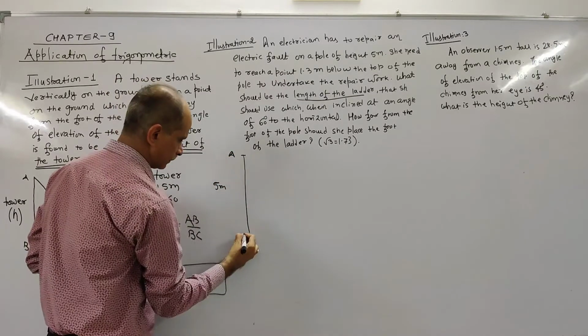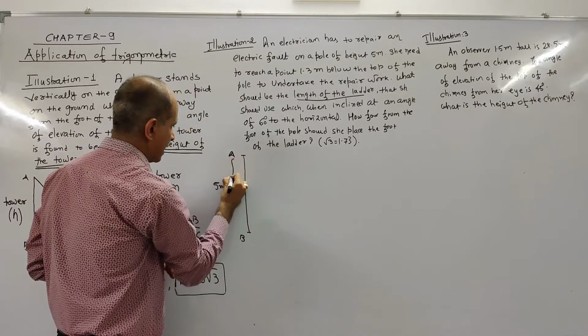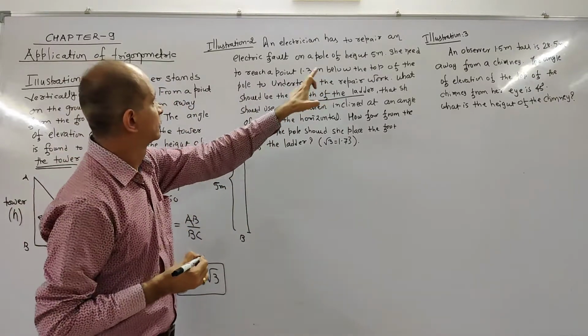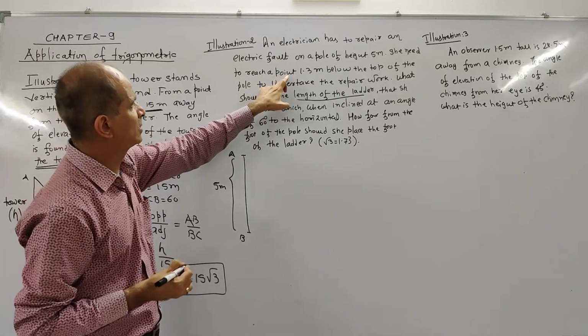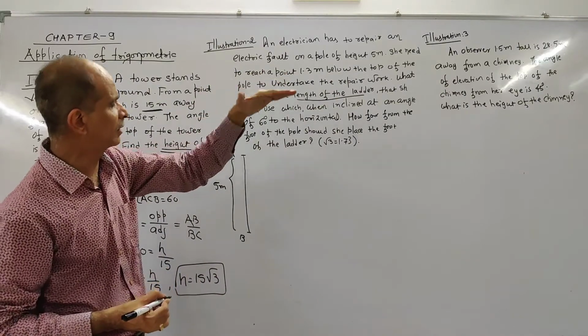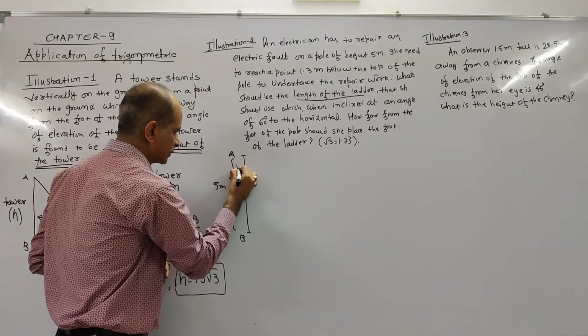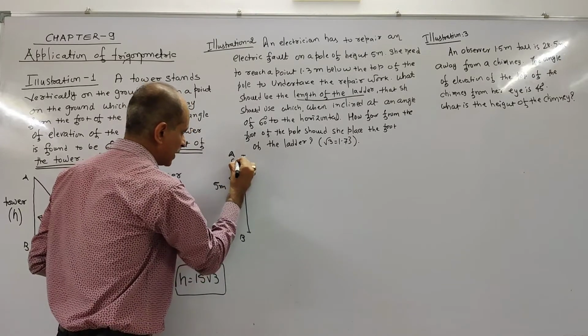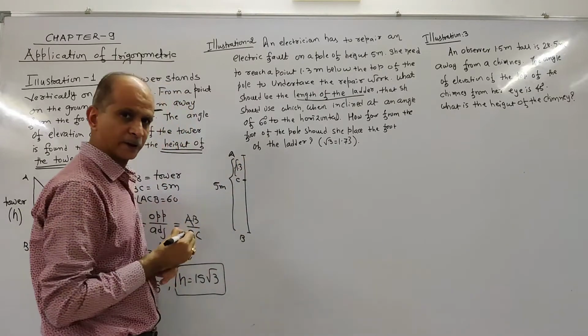AB is a pole and the length of AB is 5 meters. She needs to reach a point 1.3 meters below the top of the pole to undertake the repair work. So this distance is 1.3. Suppose this point is C. So AC is equal to 1.3.